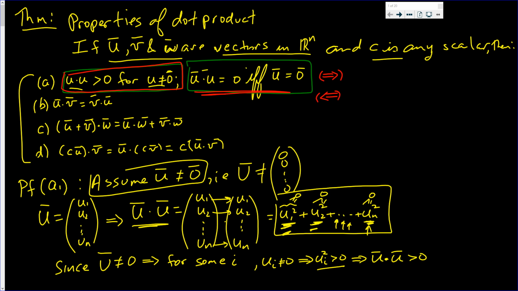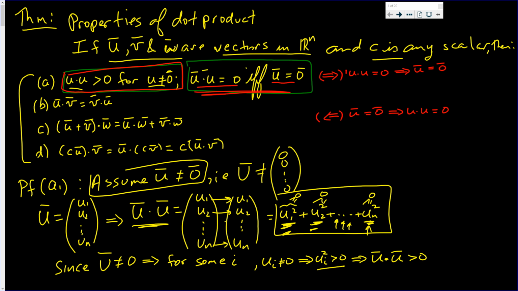The first one will be that u dot u equals 0 implies that vector u is the 0 vector. But you know what? Let's look at the contrapositive. Let me write down the other one as well, but let me put it a little bit lower. Going in the other direction, we have to show that if u is the 0 vector, that implies that u dot u is 0.